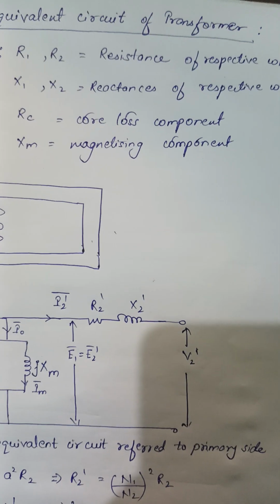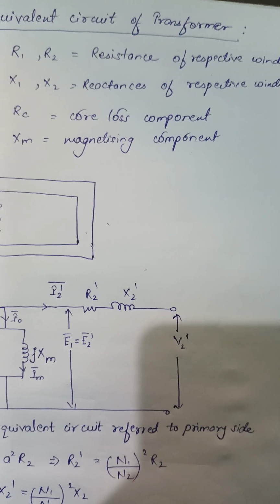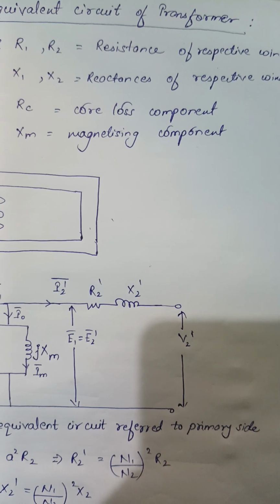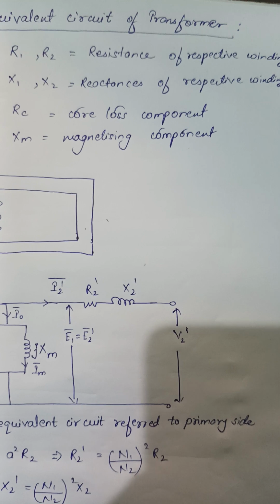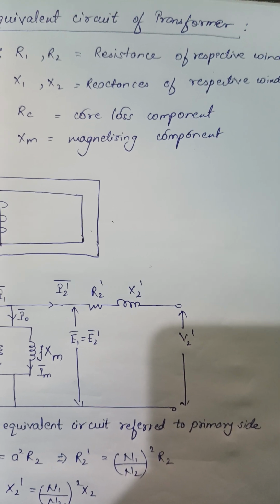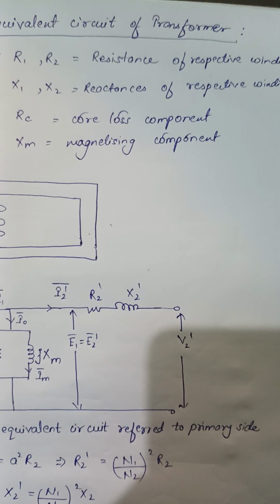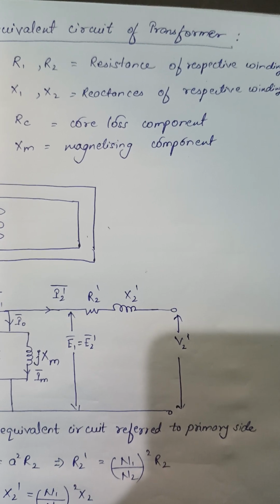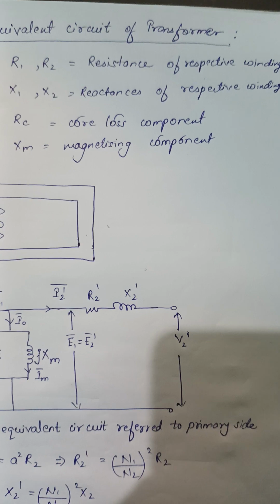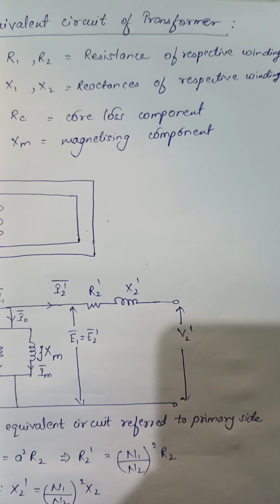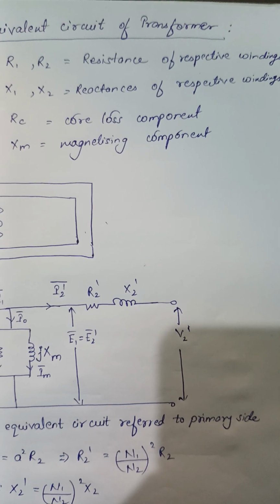Now let's see about X1 and X2. When we talk about the transformer, here we talk about the magnetic flux. In the primary side as well as the secondary side, there are flux linkages. But there is a small quantity of flux which is lost in the primary side as well as the secondary side.